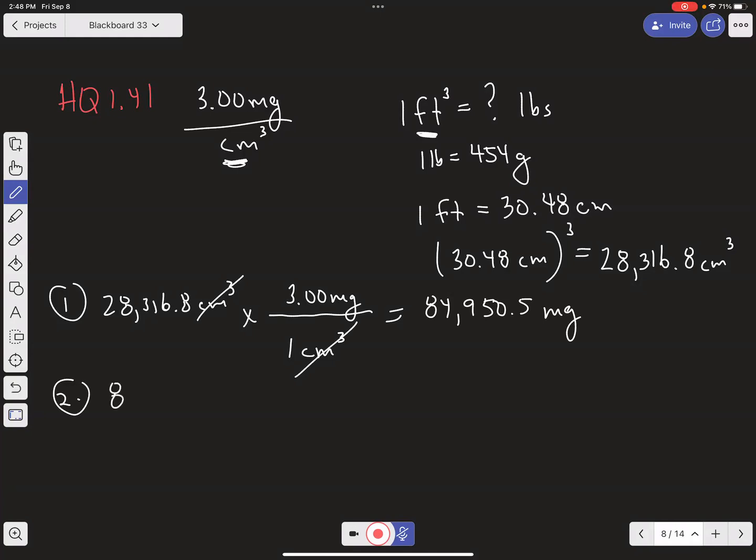So 84,950.5 milligrams. The metric system tells us for every 1 gram, I've got 1,000 milligrams, so we divide by 1,000 and get 84.9505 grams.